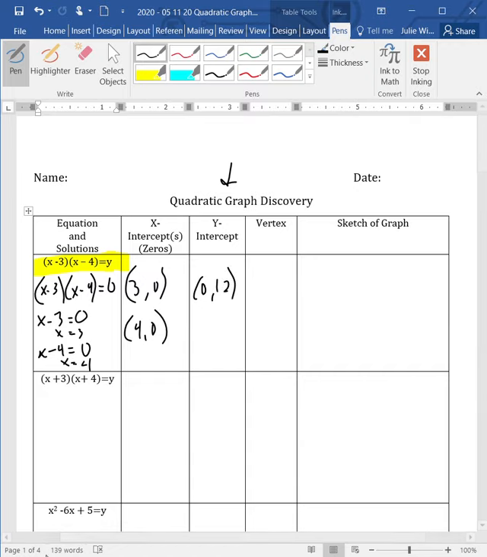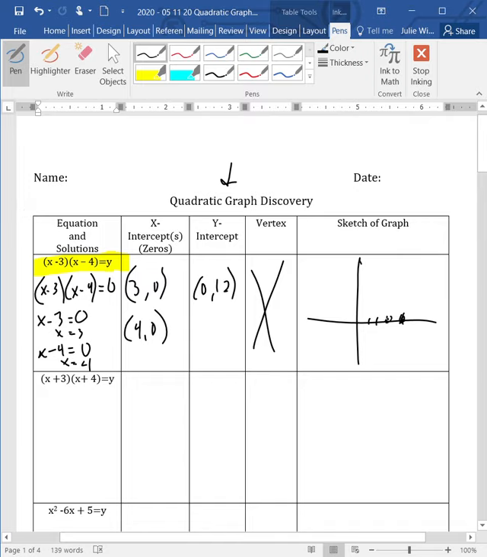And then last thing I want you to look at, this one's not quite as important at this time. So actually, you know what, we're not even going to talk about the vertex today. Okay, and then I want us to sketch the graph. So over here, let's go ahead and just put a rough sketch together. The big things that I want you to worry about plotting on here are the x and the y-intercepts. So one of the x-intercepts is going to be at 3, 0.